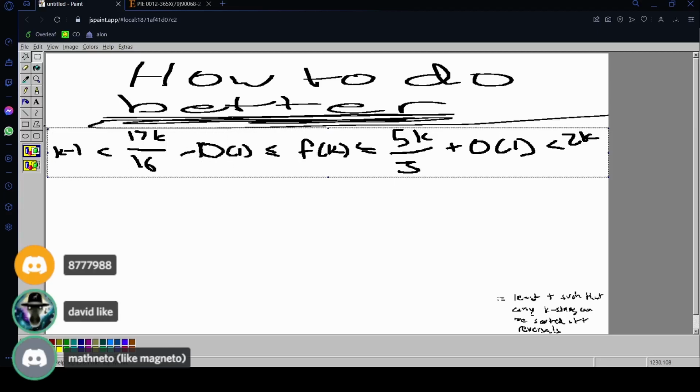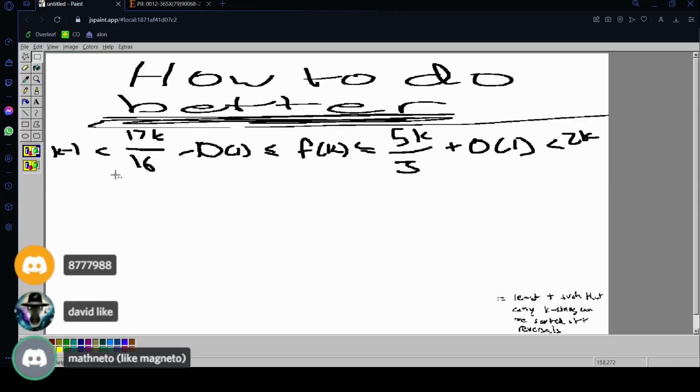Do we actually care about the sides? I guess this part is no longer relevant, and this is no longer relevant. So this is our end goal. We want to show this.